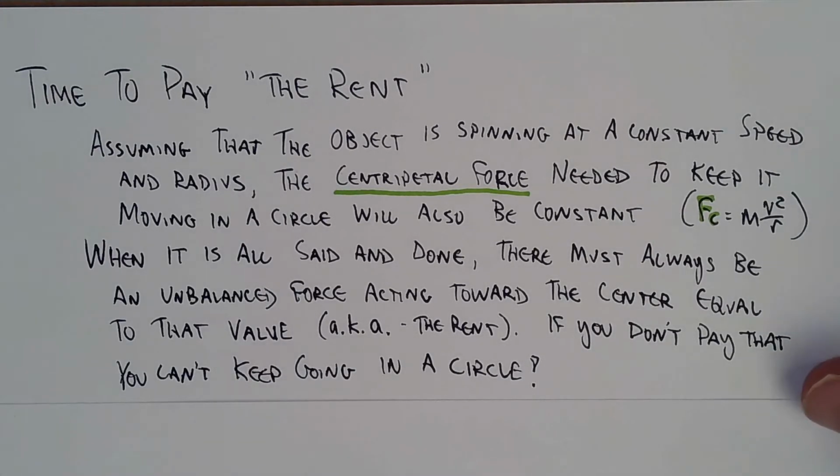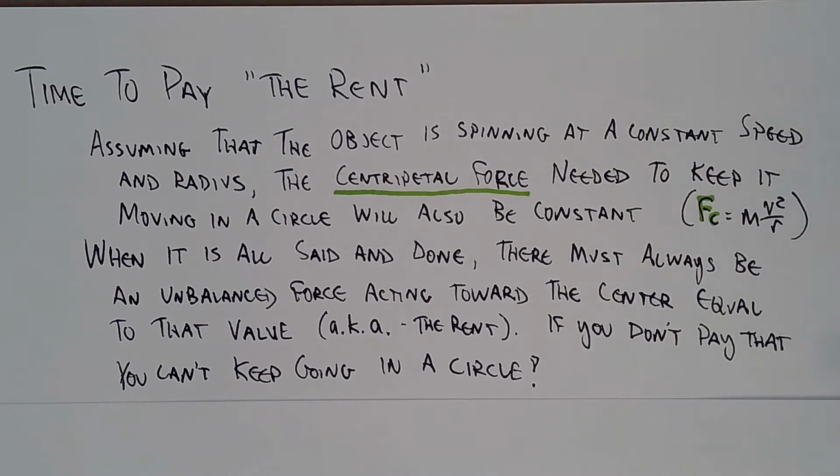In circular motion, as we discussed at the very beginning of the unit, you must have a centripetal force, which is an unbalanced force acting towards the center, if you want to have circular motion. If you don't have that force, you're not going to move in a circular path. So there must always be an unbalanced force acting towards the center equal to whatever this value is. It's going to vary from scenario to scenario, but we can figure out what the value would be.